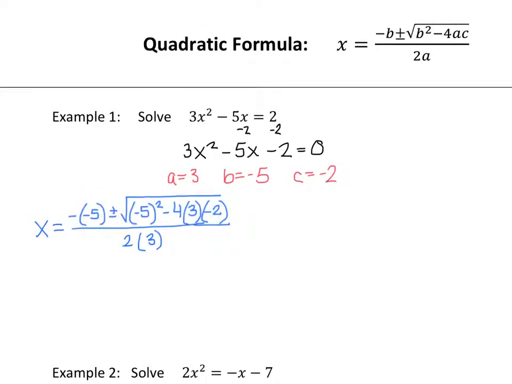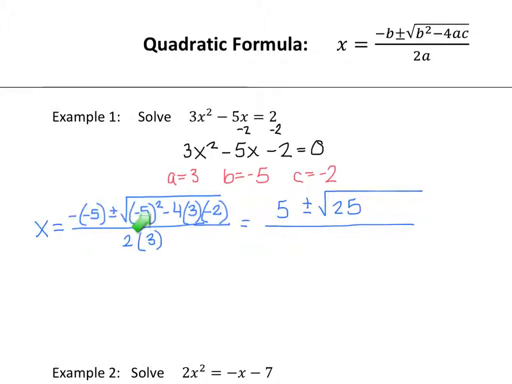From here we simplify. So what's negative times -5? +5 plus or minus -5 squared. Positive 25. That is also a common mistake, is that people forget that the negative also has to be squared.